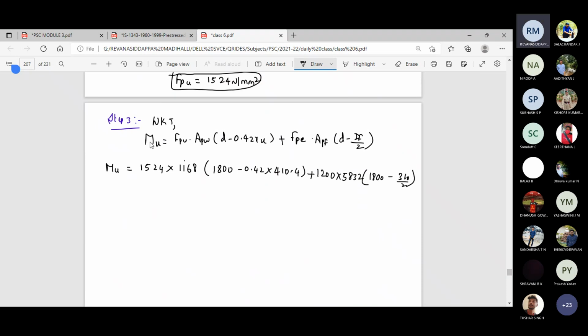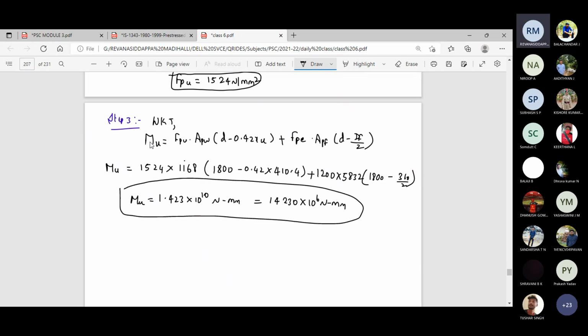Okay. By this we will get ultimate moment of resistance, that is 1.423 into 10 power 10 Newton millimeter, or else it is 14230 into 10 power 6 Newton millimeter.